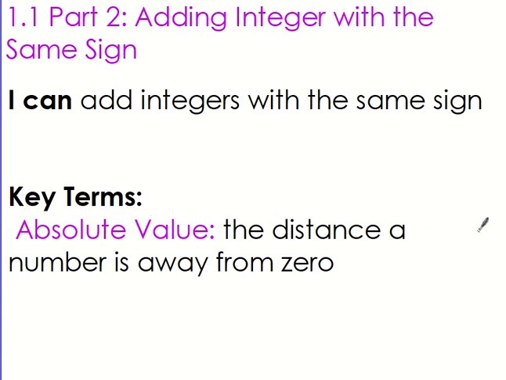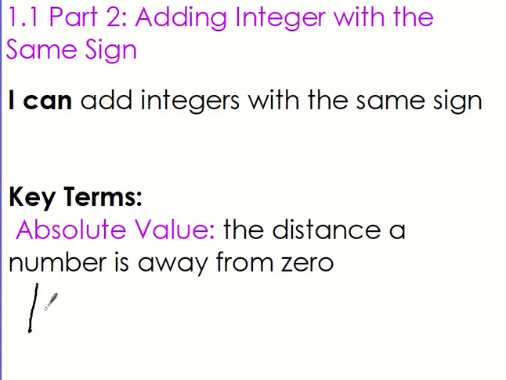Make sure you copy down this vocab: the distance a number is away from 0. So absolute value will always be positive because we always talk about distance as a positive. Even if it is behind you or below sea level, it's never talked about as a negative, because that's how far it is away from 0.